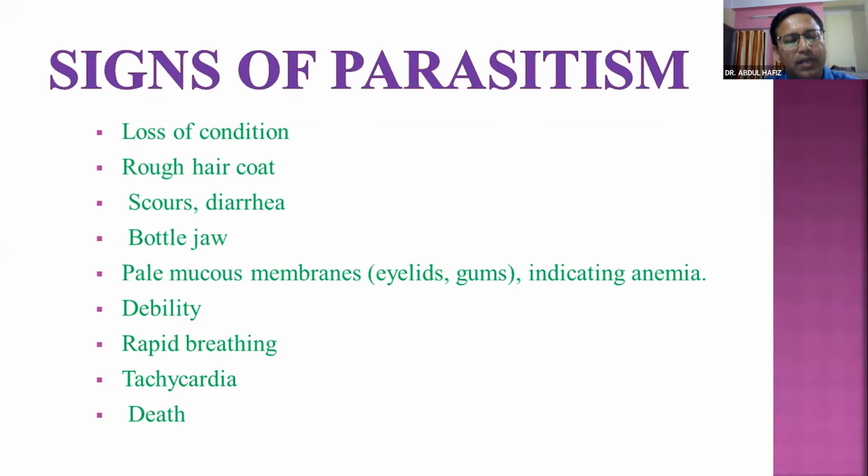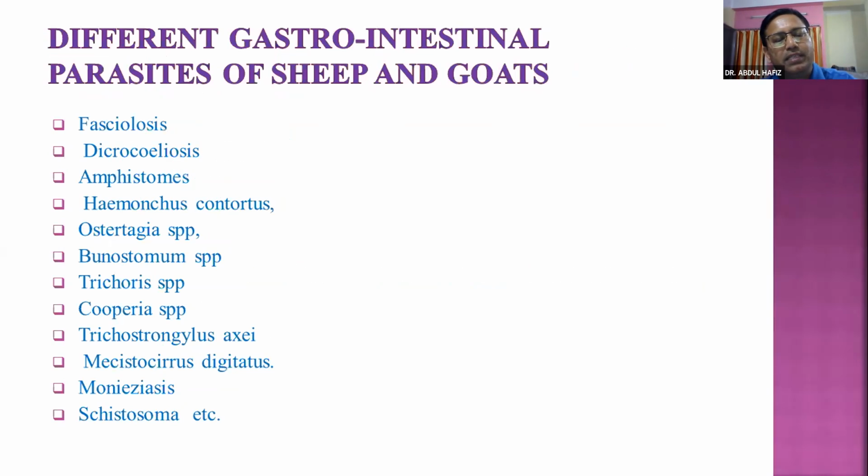So Haemonchus causes anemia, debility, and rapid breathing due to lack of hemoglobin; when the hemoglobin level is low, rapid breathing occurs, then tachycardia, and ultimately death. Among the different gastrointestinal parasites, we know fasciola, dicrocoelium, amphistomes, Haemonchus contortus, Ostertagia, Bunostomum, Trichuris, Cooperia, Trichostrongylus, Mecistocirrus, Moniezia, Cysticercus, etc. These are the common parasites.